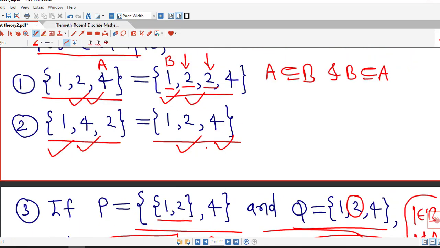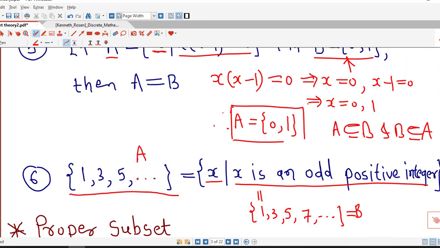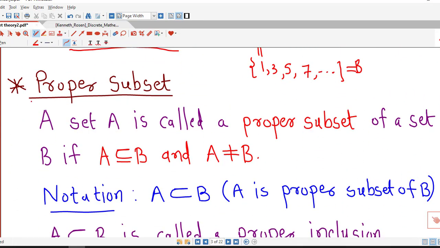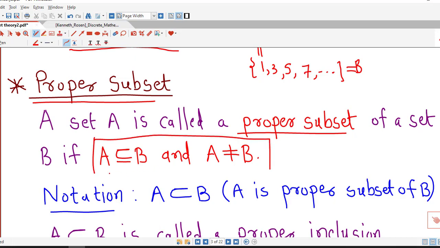So in this way we can decide the equality of two sets by just checking that A and B are subsets of each other. Another definition is proper subset. So a set A is called a proper subset of another set B if A is a subset of B but A and B are not equal.